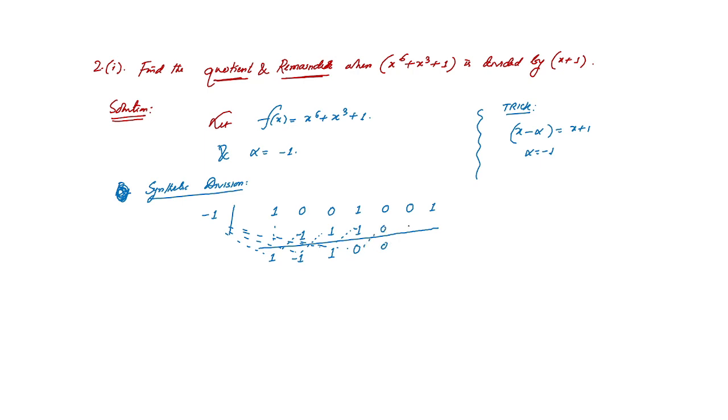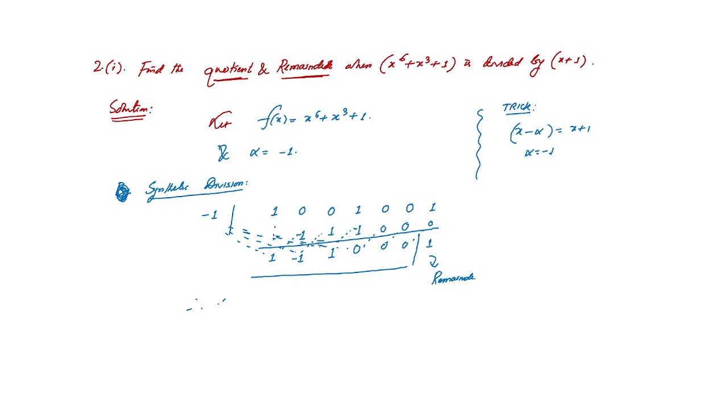Similarly here, 0 plus 0 is 0, and this is 1. So this last part is basically the remainder, and these are the coefficients of the quotient.